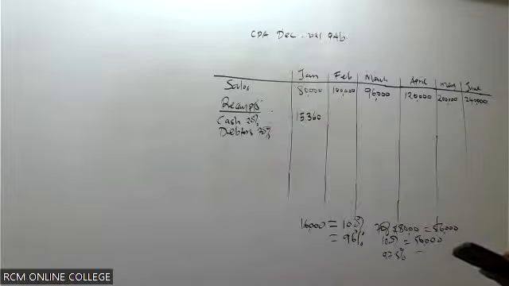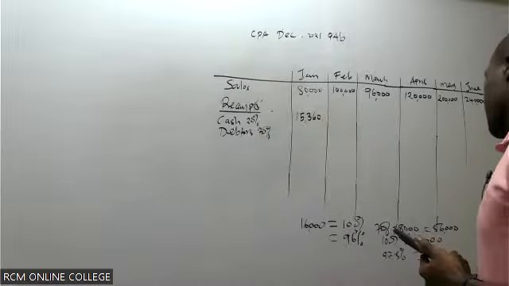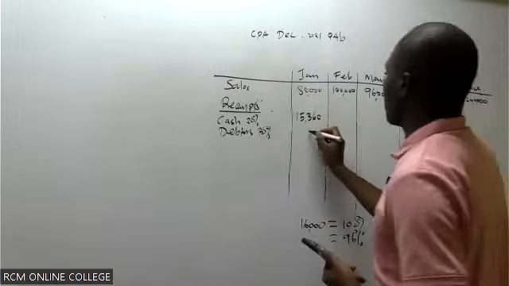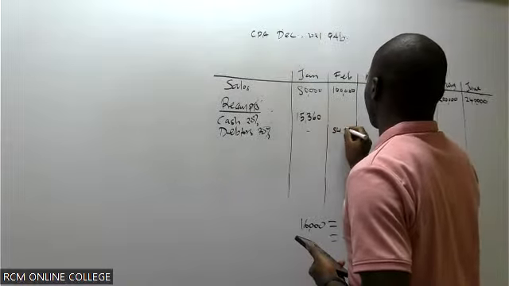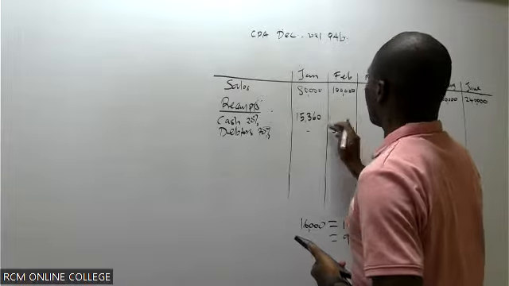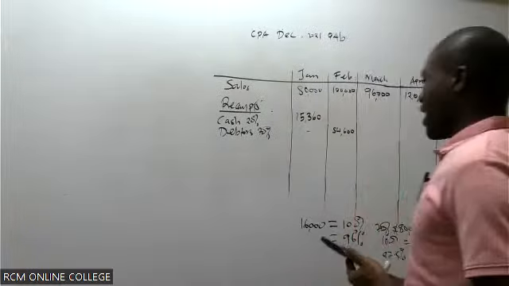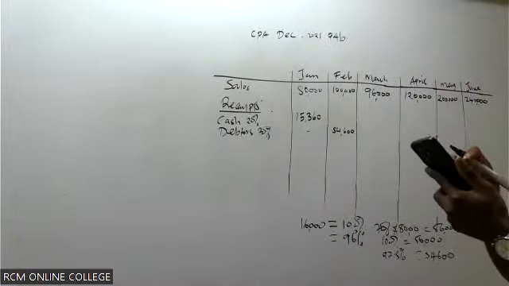Itakuwa ngapi? 97.5% inakuwa ngapi? 54,600. So 54,600 unalipa the following month after sales ya January. Hiyo ni ya hapa juu.